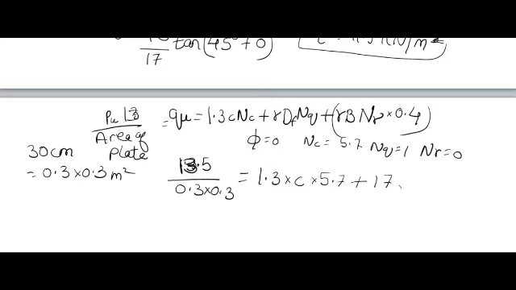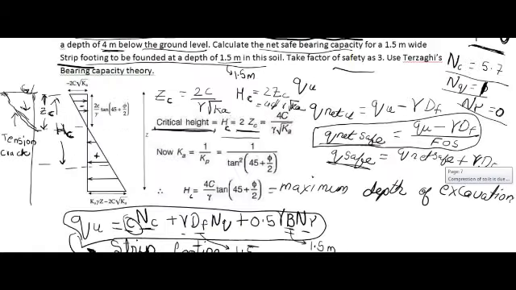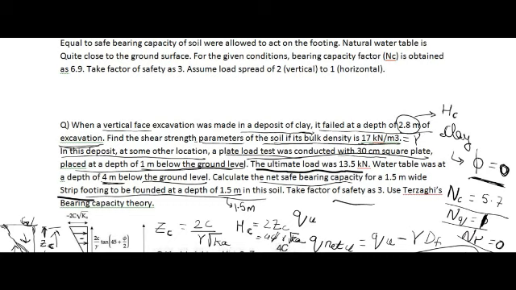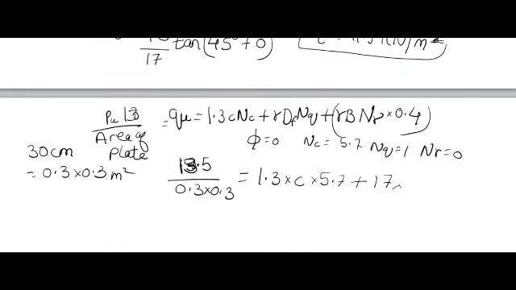Okay, what is the depth of foundation? At what depth did they conduct the plate load test? At a depth of 1 meter below the ground level. Okay, so 17 into 1 meter into NQ of 1, and the whole last term becomes 0 since N gamma is equal to 0.